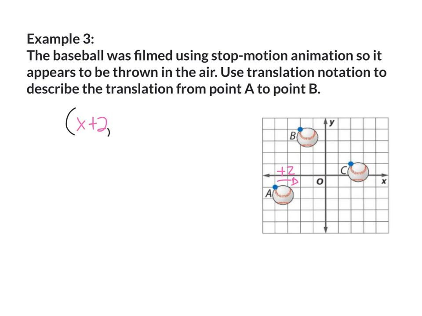Now I'm going to move to my y value, and I'm going to move up. So I'm going to move 1, 2, 3, 4, 5. So I'm going to add 5. So I'm going to take my y value, and I'm going to add 5. And that is translation notation.